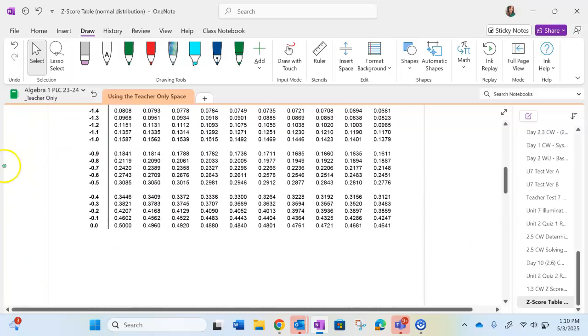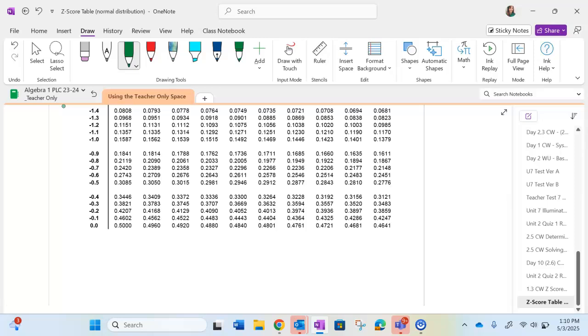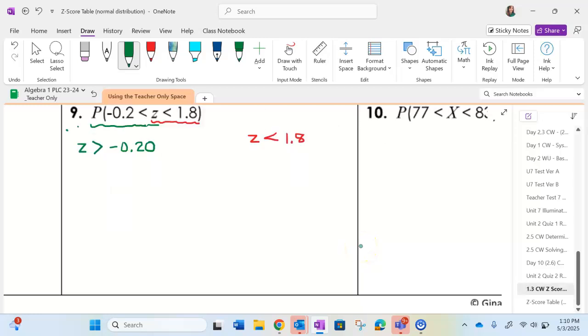Here it is all the way down here, negative 0.2, and it's 0, so it's 0.4207. Multiplied by 100, that is 42.07%. Now, this one over here is 1.8.